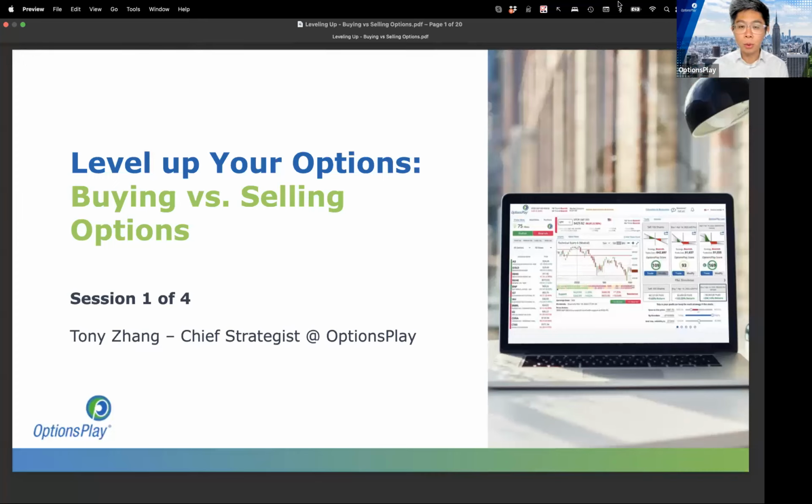And as we get into more advanced strategies in session 3, we'll also be able to discuss what trade-offs you're making when you trade these complex strategies, whether those trade-offs are worth it or not, and what that complexity adds to your overall trading, the pros and cons.